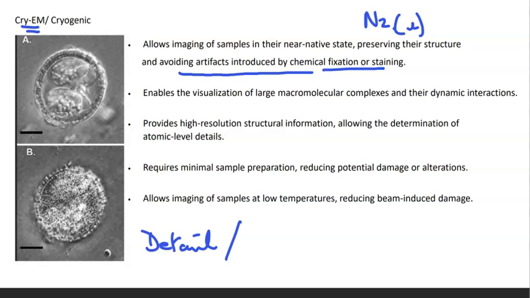The elaborate methods I mentioned before are famously known to introduce features into the cells which don't actually exist. It's a consequence of the chemicals and the stains interacting with the membrane structures and creating things which don't actually exist. And so Cryo-EM allows us to get tremendous detail and is as near natural condition in the specimen as possible.